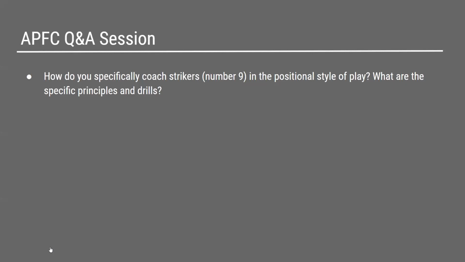A lot of coaches see that with a positional style, the attacking end of the game struggles. Their team can keep possession of the ball, but when they get into the third zone, the attacking zone, they run out of ideas and don't really know what to say to their front three, and maybe specifically the 9. So what can coaches start to think of when it comes to the attacking position there?